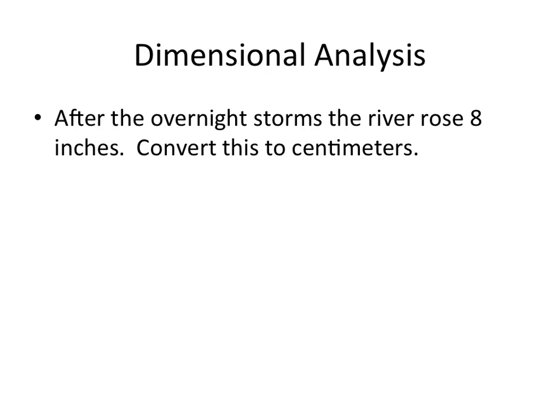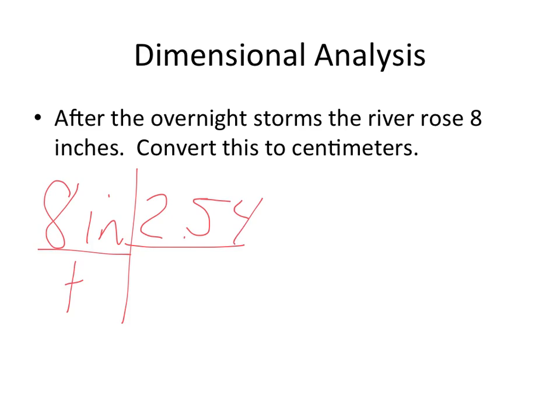So after the overnight storms, the river rose 8 inches. Let's convert this to centimeters. So let's try the picket fence again. We know we have 8 inches. Put our picket fence up. The conversion factor between inches and centimeters, there's 2.54 centimeters in 1 inch.